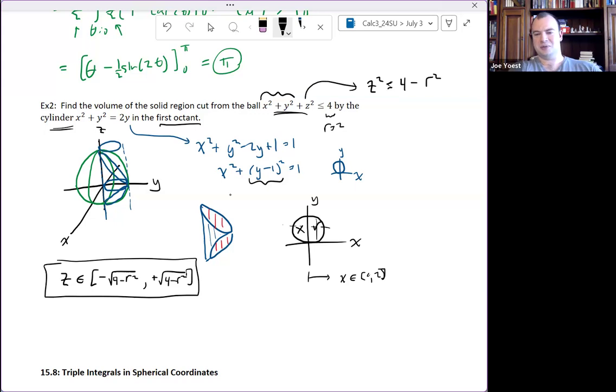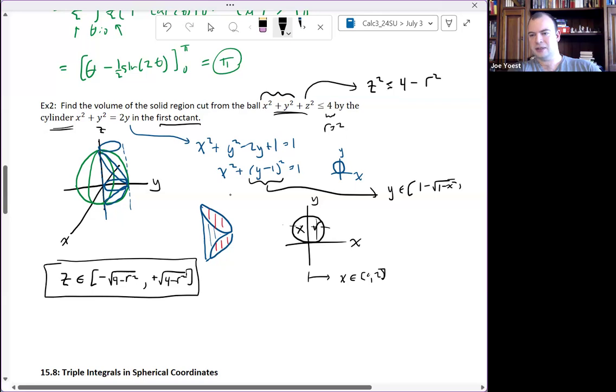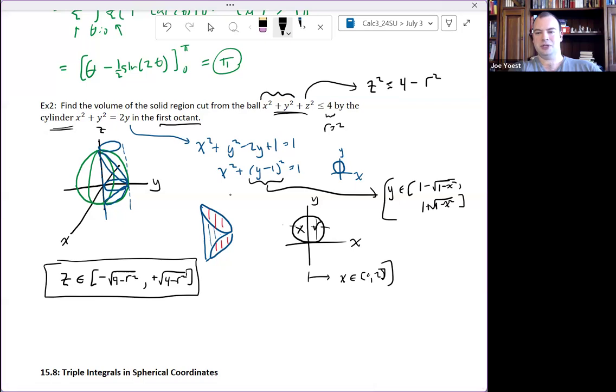So not the nicest thing to work with in rectangular coordinates, but we would get y from 1 minus root 1 minus x squared to 1 plus root 1 minus x squared. So we could describe it in rectangular coordinates this way, and x would be just going from 0 out to 2, not from minus 2 to 2. But we're going to describe it in cylindrical coordinates because it's going to be quite a bit nicer. Does that answer your question?